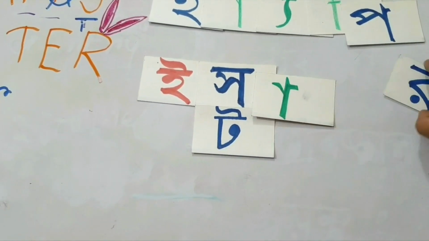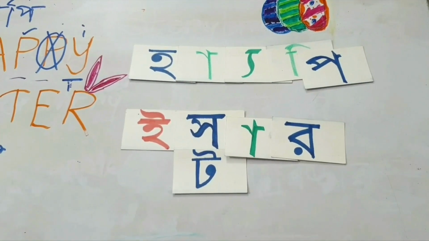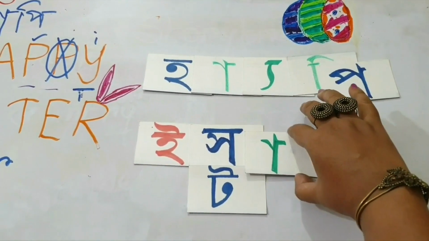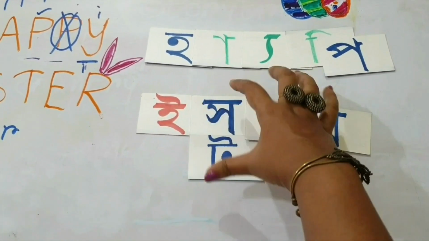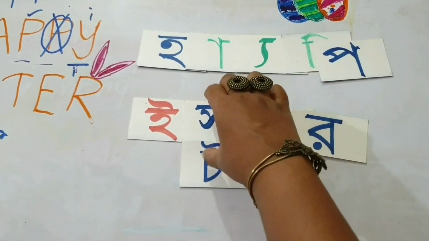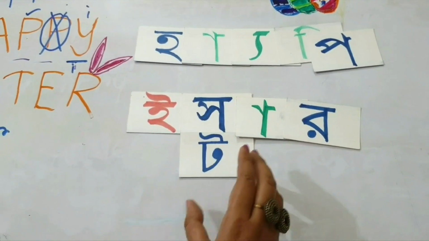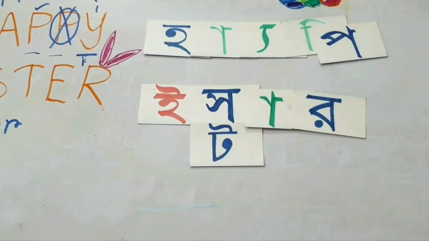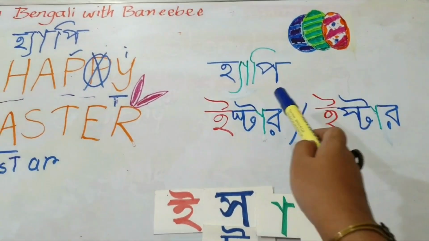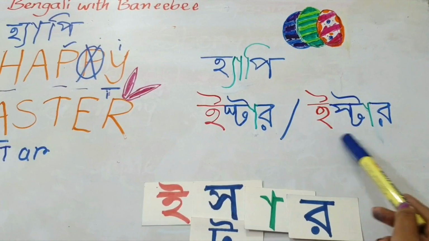So it will look something like this, right? It doesn't look very pretty because it should take the area of one letter, but it is taking the area of two letters. So let's make it a little prettier. It will look something like this, either Istar or Istar.